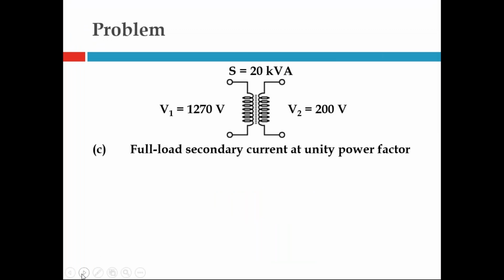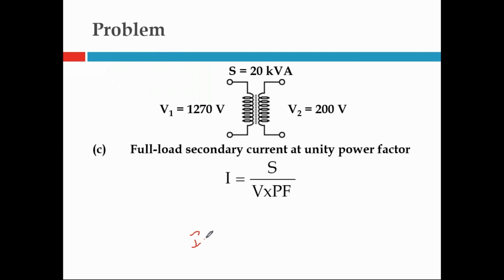Next, what is the full load secondary current at unity power factor for this given transformer? Find the secondary current. The formula is I equals S divided by V into power factor. S is 20 kVA, and for the secondary current we apply the secondary voltage, that is 200. So I equals 20 into 1000 divided by 200 into 1.